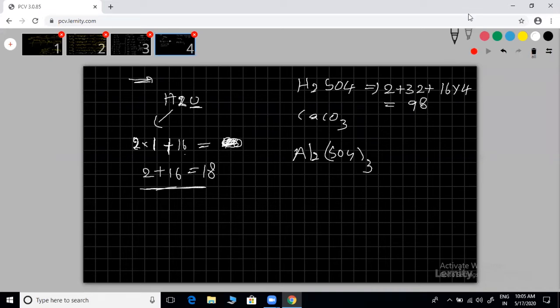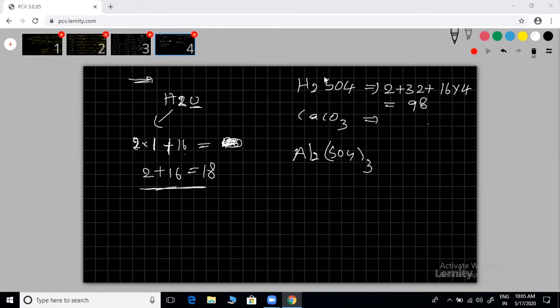Can you find the remaining answers? CaCO3, calculate. Sulfuric acid 98.